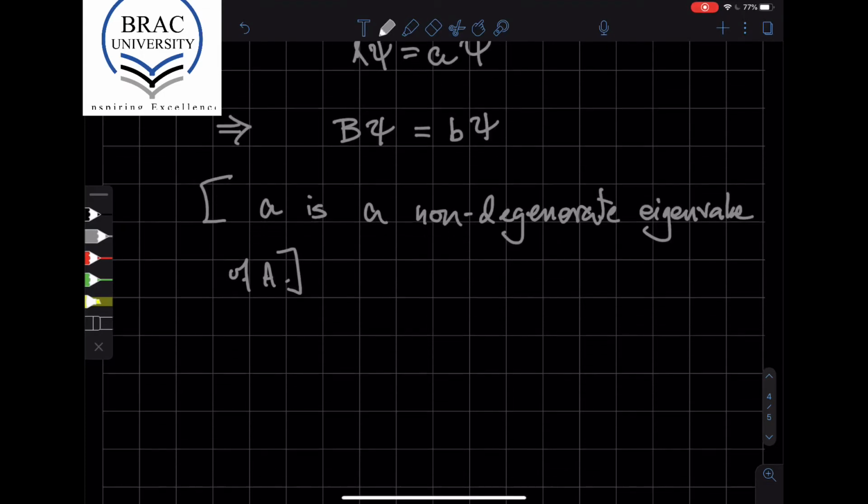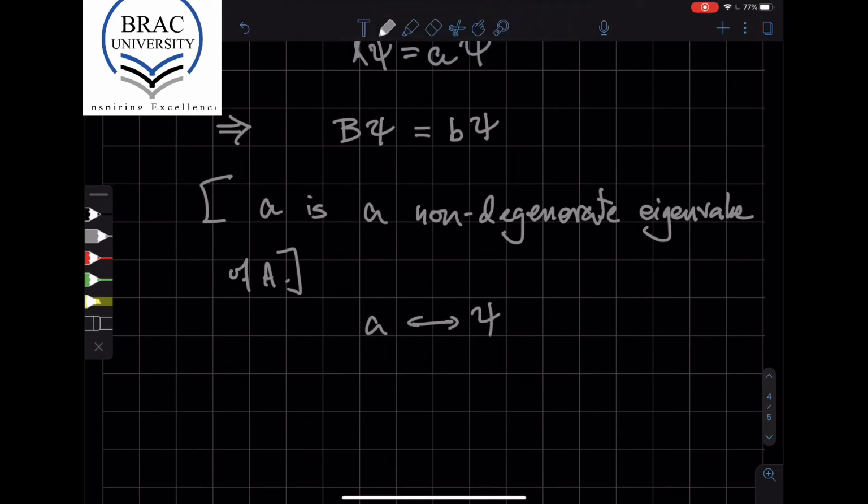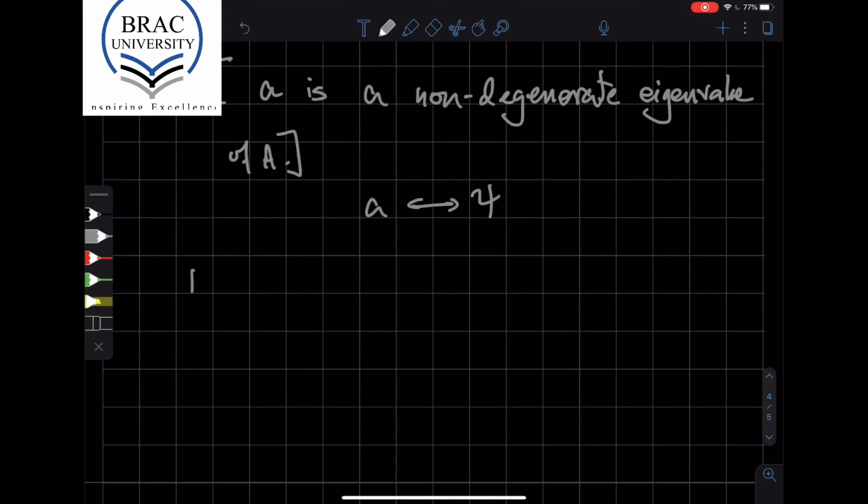This means that if a is an eigenvalue and the eigenfunction corresponding to a is psi, there's only one eigenfunction. There is not more than one eigenfunction. So that is what non-degenerate means. So the proof is very easy.